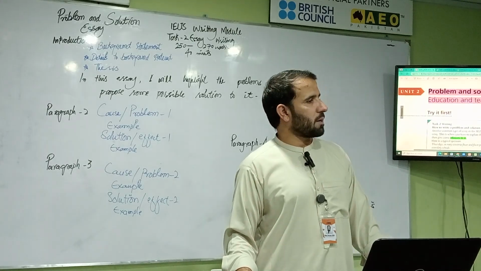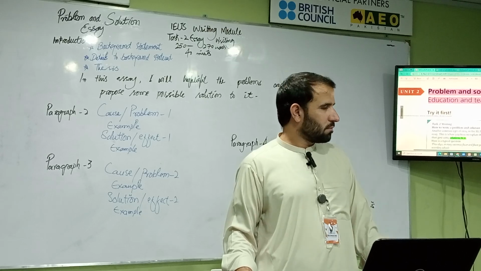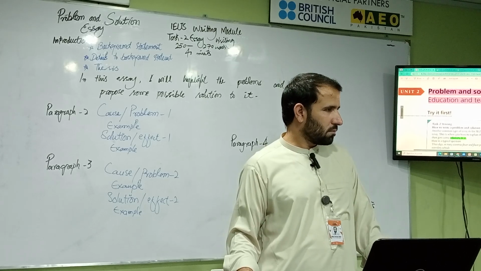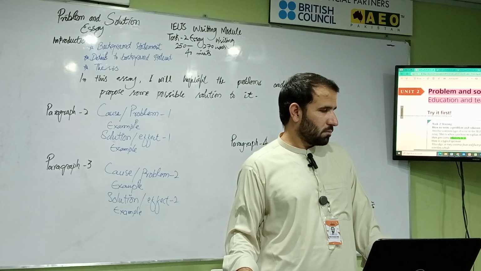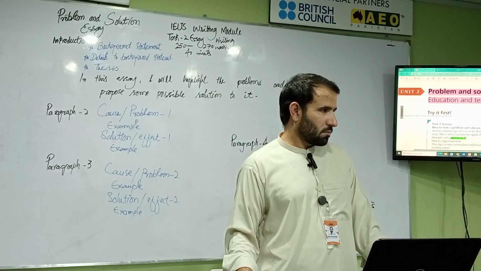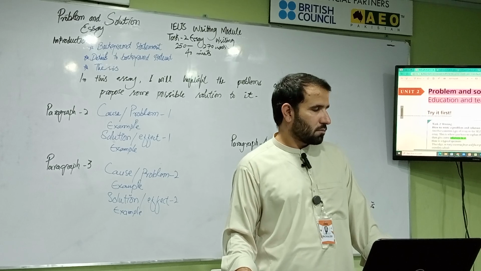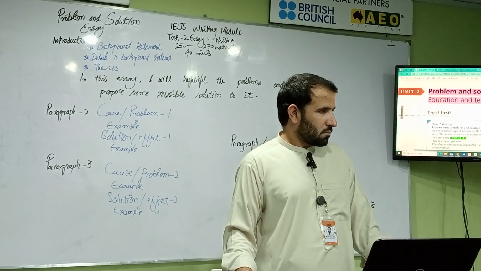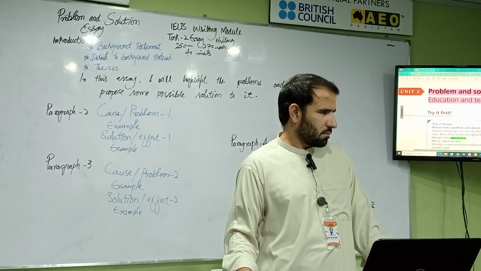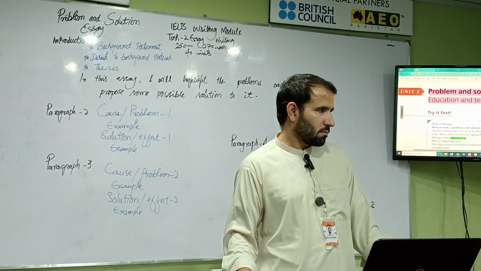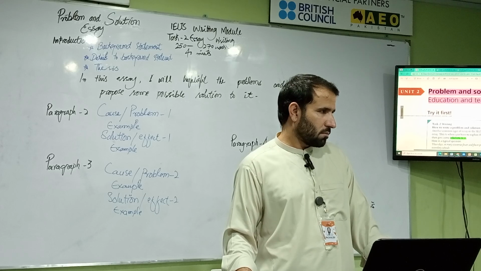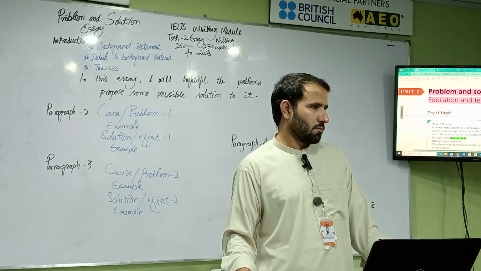What are the causes of corruption? What do you think? Sir, in my opinion, one of the major causes is that most of the departments don't have their online check and balance system. So they work out manually in books.